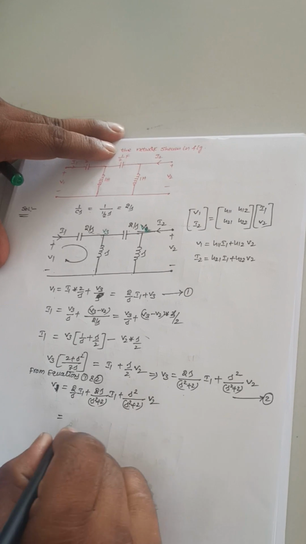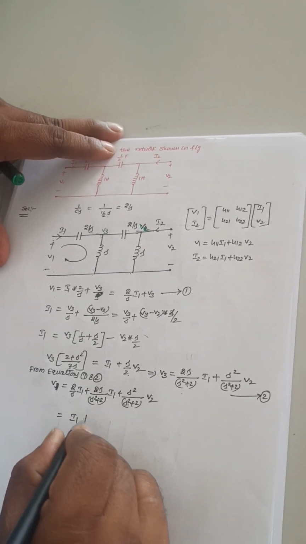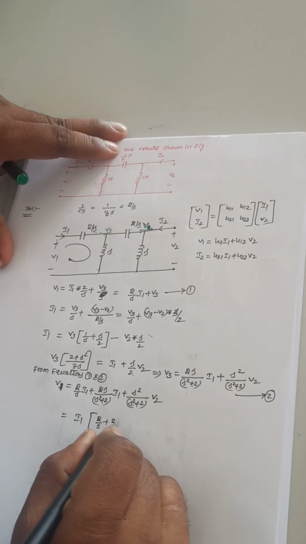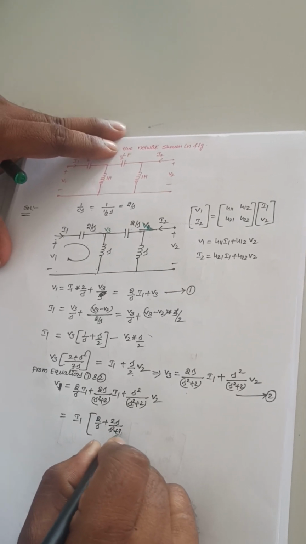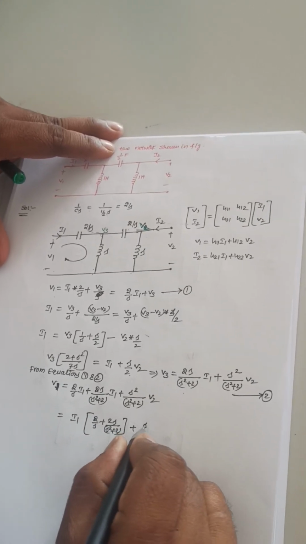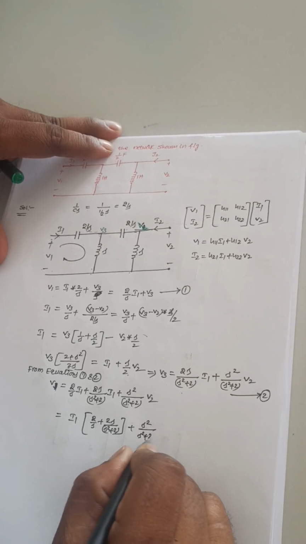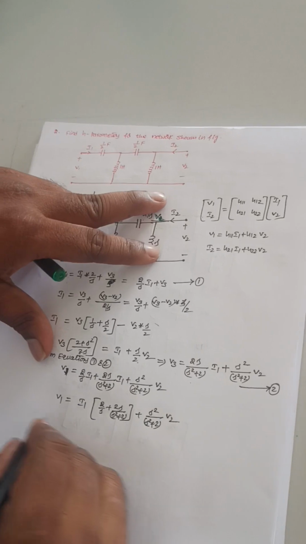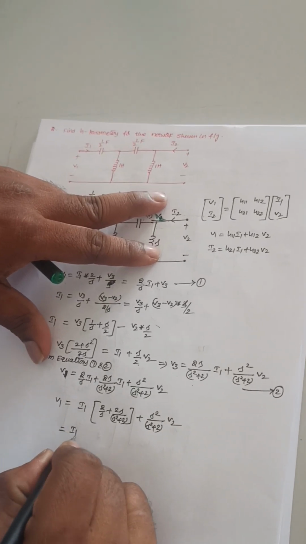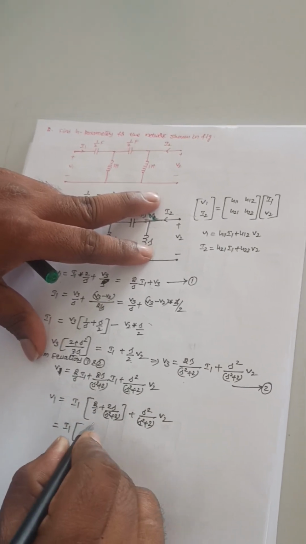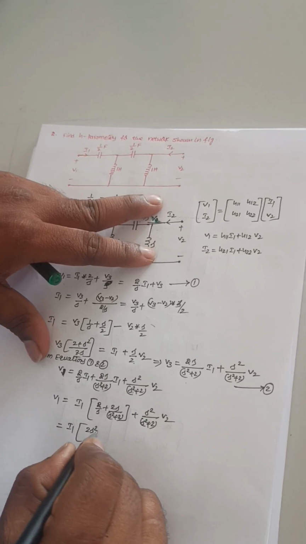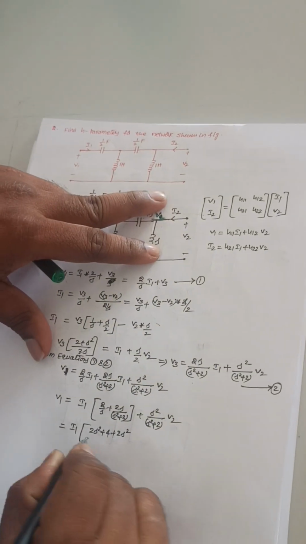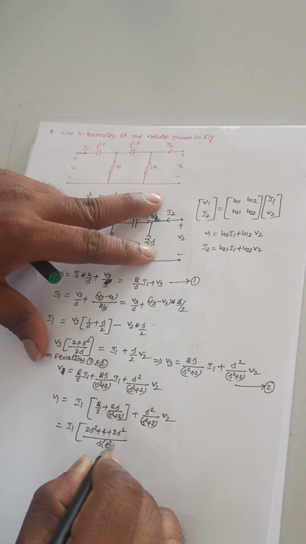Now if I take I1 common here, it is 2 by S plus 2S divided by S square plus 2, plus S square divided by S square plus 2 into V2. So it is V1. Now it is I1 into, if I cross multiply this, 2S square plus 4 plus 2S square divided by S into S square plus 2.